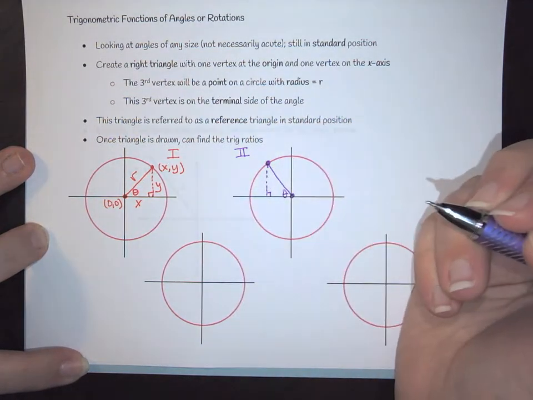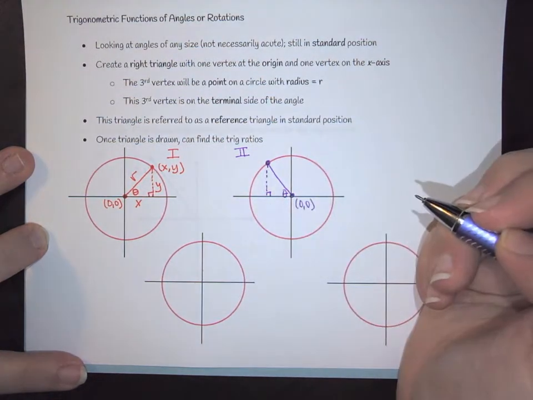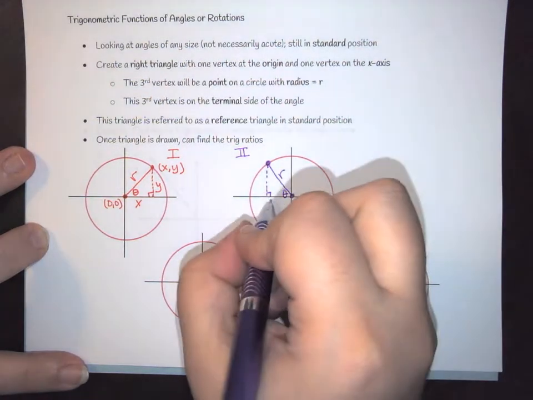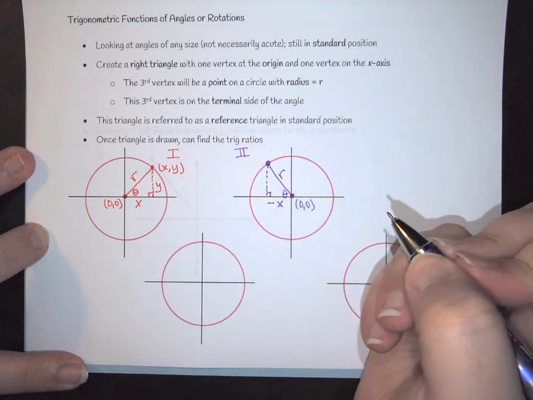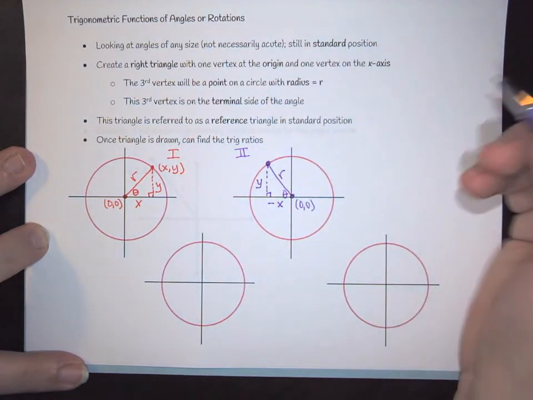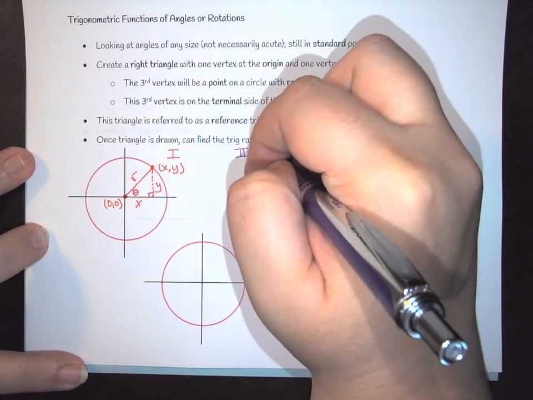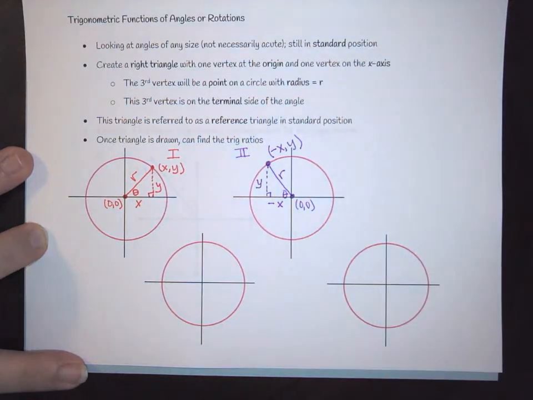Your theta goes close to your origin here, so this is still the point 0, 0. And then if we look, this is still going to be my radius, but now if you look at your value, this is a negative x, and this would still be y. So in terms of the point, what's changed is that this is now at the point negative x, y. Okay, so notice we've got a little slight change there.